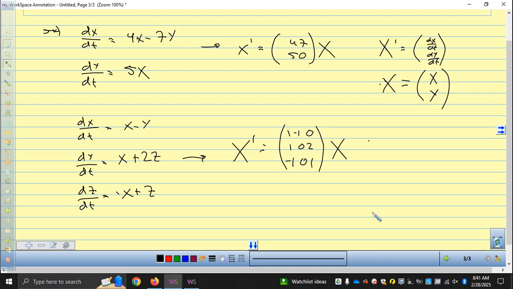All right, and we can go the other way as well. If we have a system, we can rewrite that as a matrix. If we have our system written as matrices, we can go back to writing it as a series of equations.